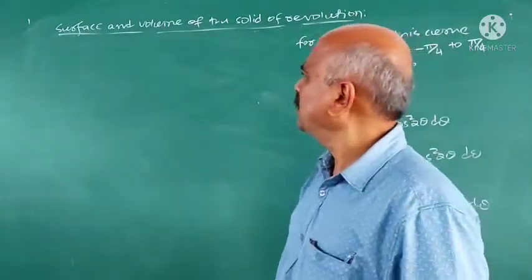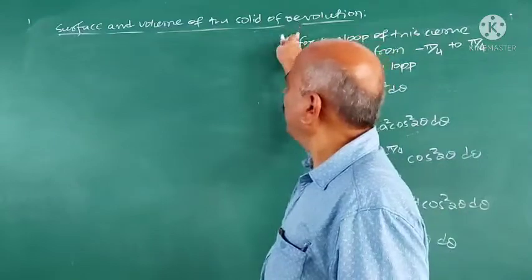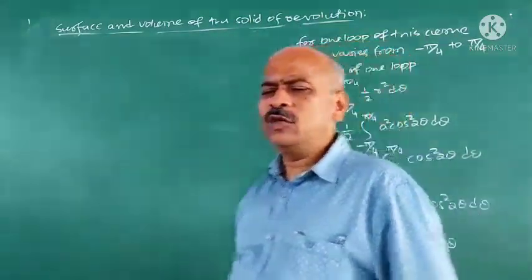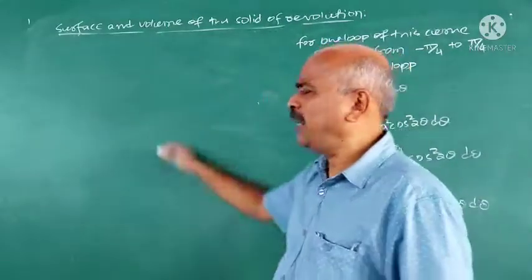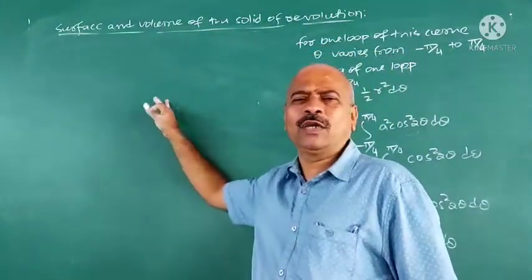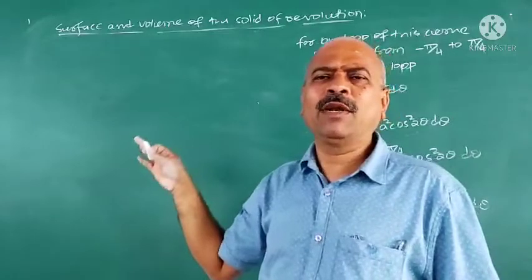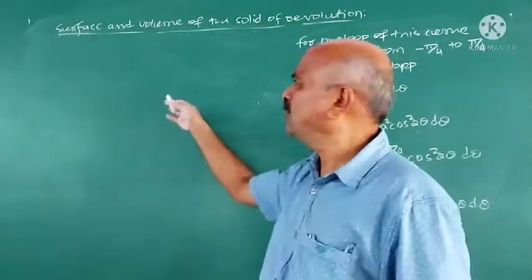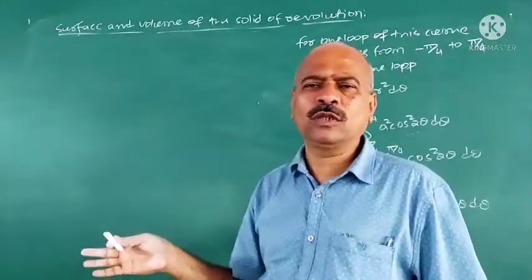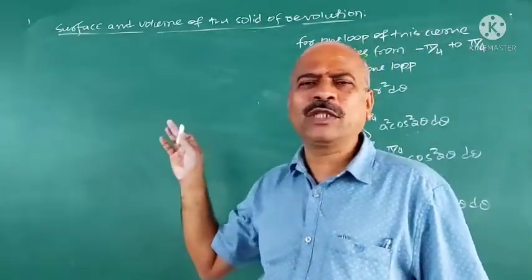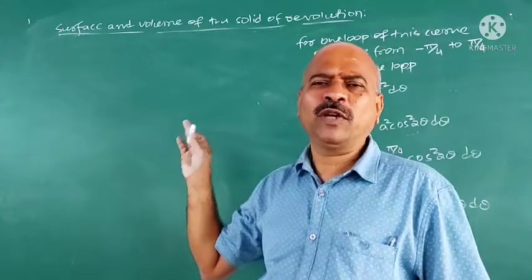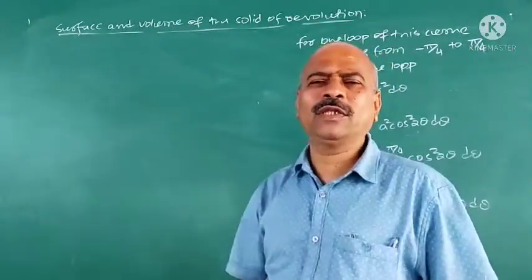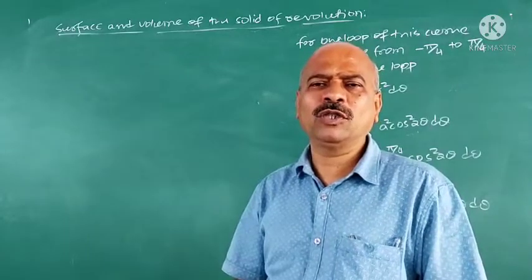First I explain what is surface of revolution, volume of revolution. Volume of revolution means when a plane area bounded by a curve is revolved about some line, then we will get a solid. And the volume of that solid is called volume of revolution. And the curved surface gives the surface of that solid, and the area of that surface is called surface of revolution.